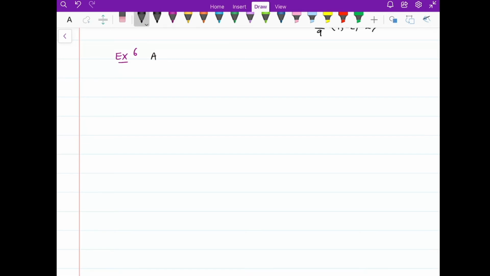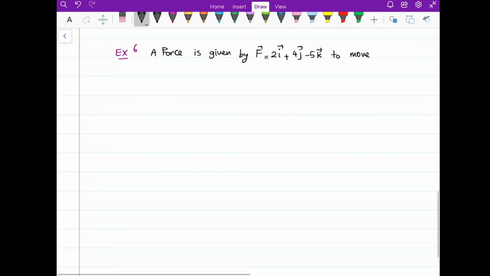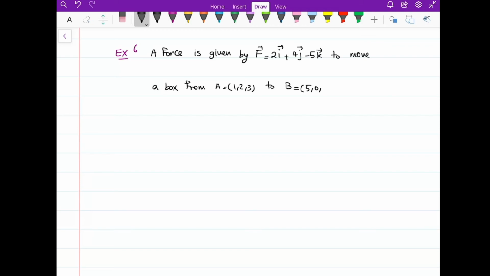A force is given by the vector F, which is 2i plus 4j minus 5k, to move a box from a point A, which is 1, 2, 3, to the point B, which is 5, 0, and -2.